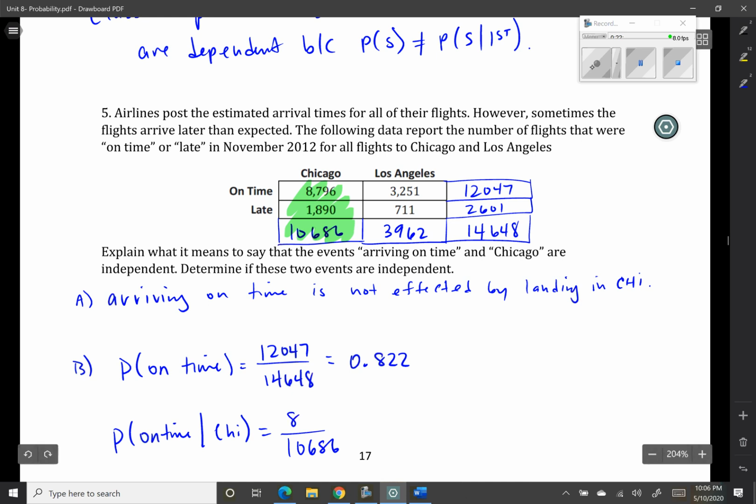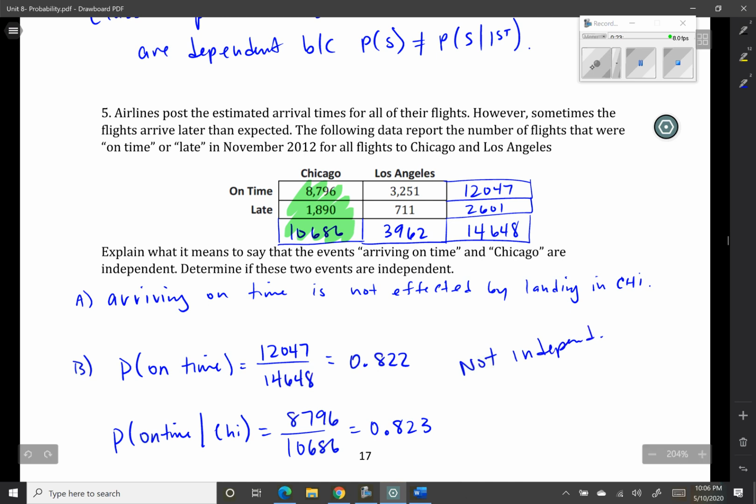And out of those flights, 8,796 of them land on time. Well, if I do that quick probability, I get 0.823. Really close, but different. So I could say these events are not independent, or they're dependent upon each other, either way. So we could say not independent.